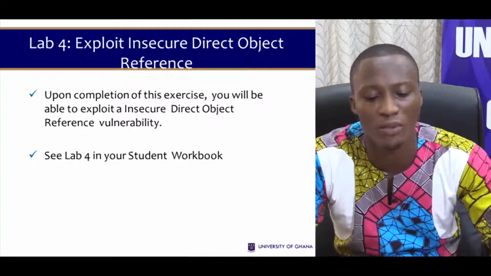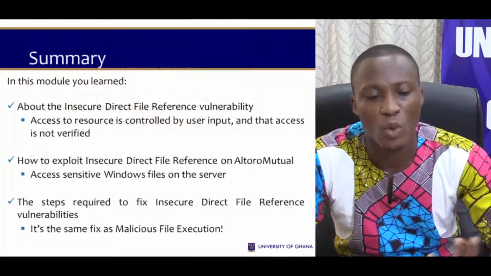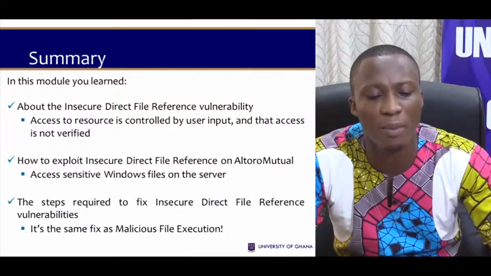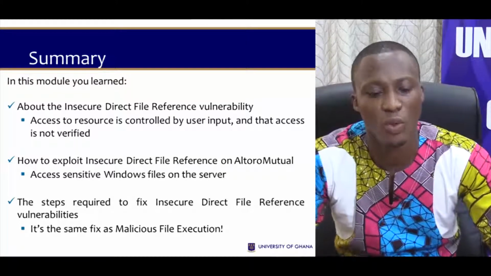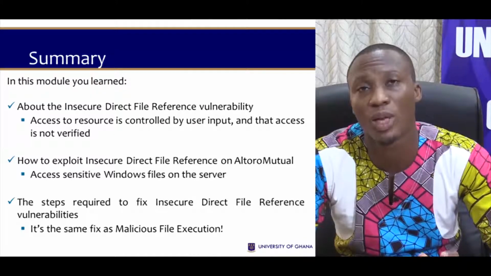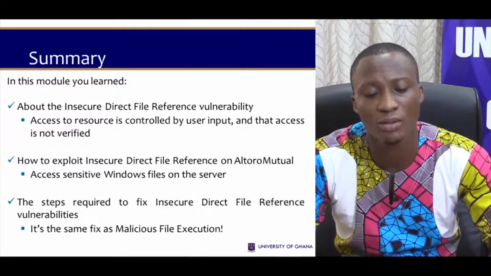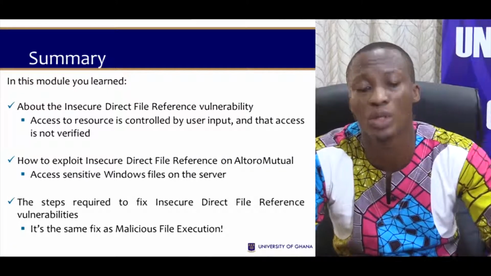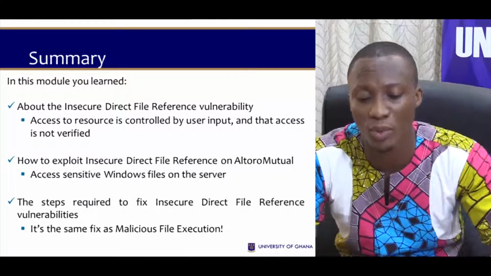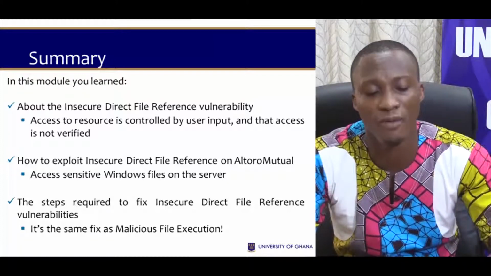So in this session, we've been speaking about insecure direct file reference vulnerabilities, and the ability to get access to resources controlled by user input, where that access is not verified.